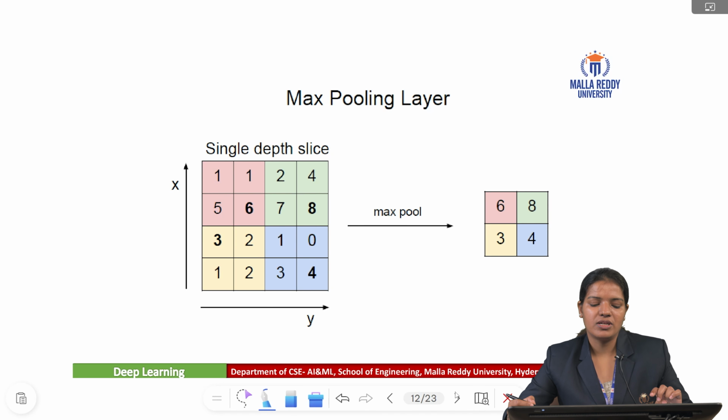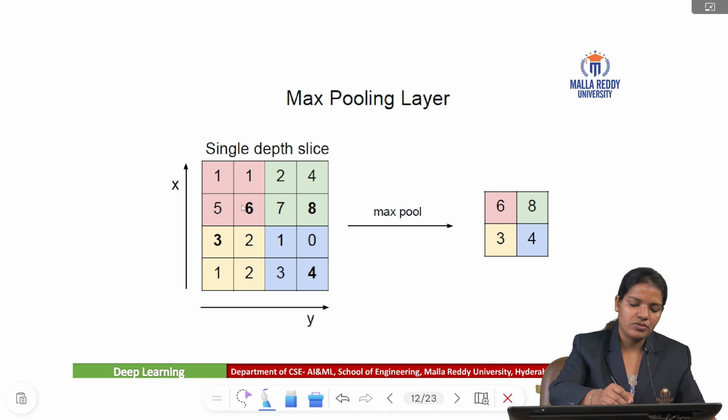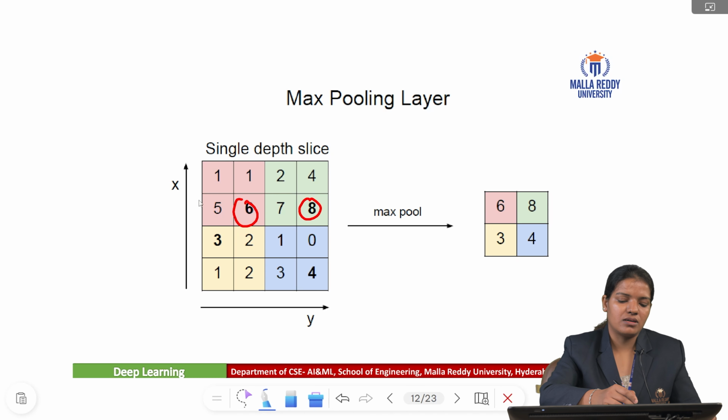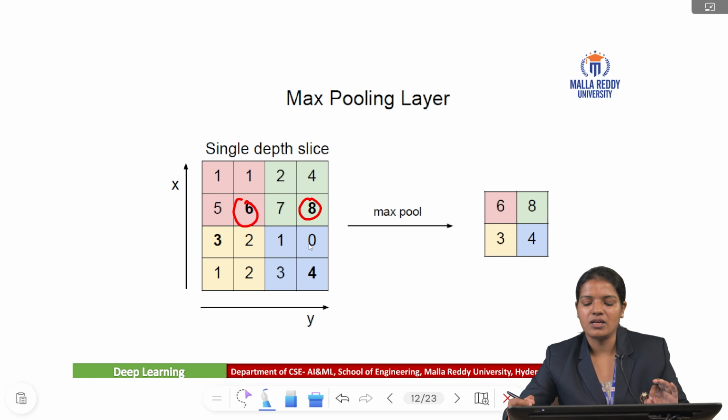Next is the max pooling layer. This layer helps in reducing the dimensionality. In the max pooling layer, what we are doing is selecting only the maximum value instead of all the values of the window.